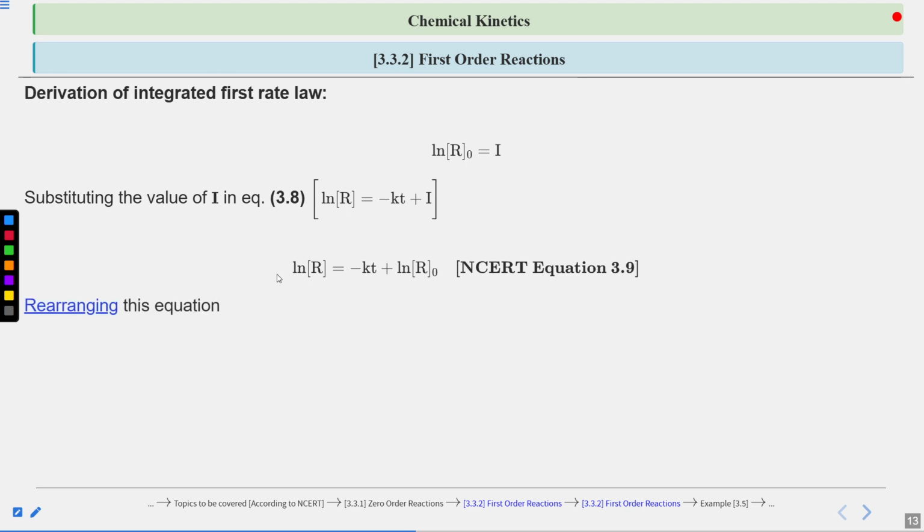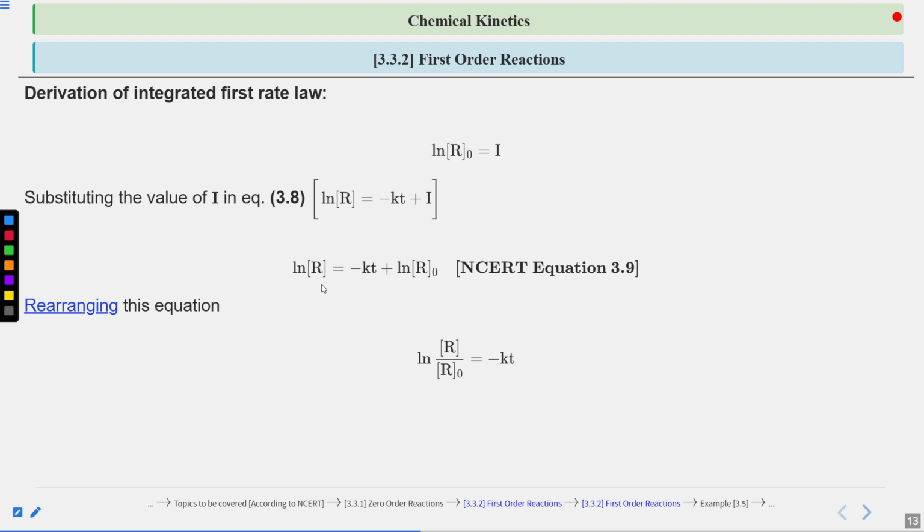Now rearranging this equation to get the value of k, this ln r naught will go to the left hand side, so it will become ln r minus ln r naught. When two ln values are subtracted, you can write it as ln of the first quantity divided by the second quantity.